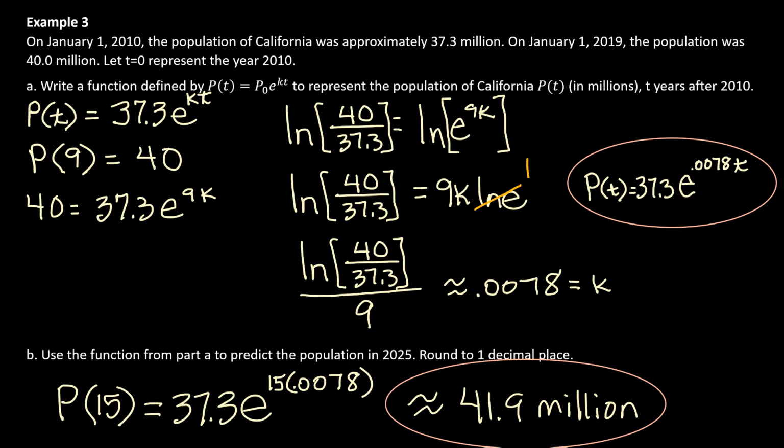We had a pandemic that could have had something to do with it. I don't know. But a lot of people left California because of all the fires and stuff. So there's a lot of things that can affect the population of a state, and that rate of population growth won't always stay the same. So these are just projections based on past experience.